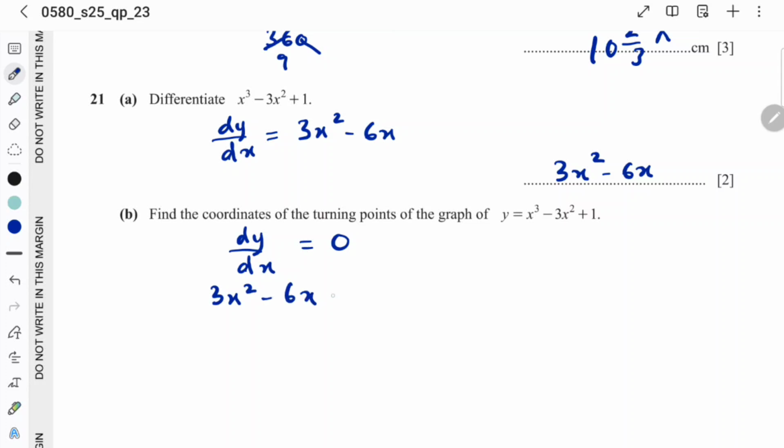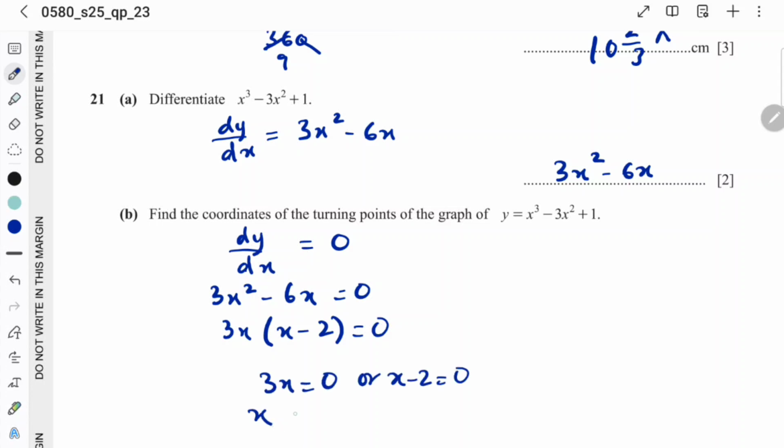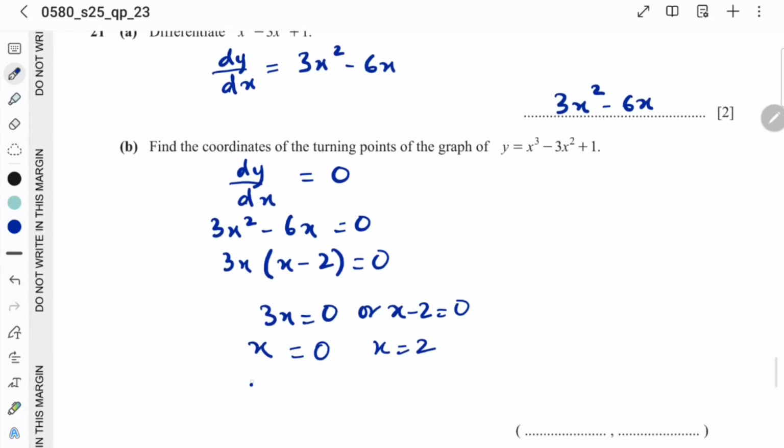So 3x square minus 6x equals 0. 3x common, x minus 2 equals 0. So x equals 0 or x equals 2. There are two turning points here because it's a cubic equation.